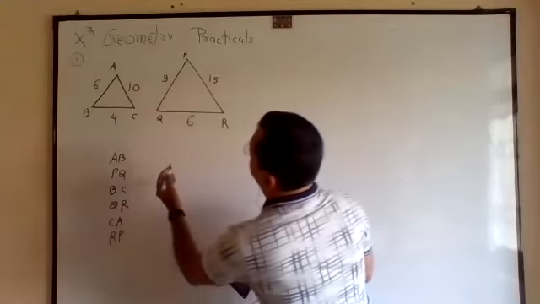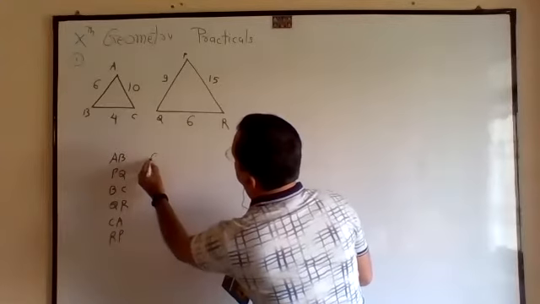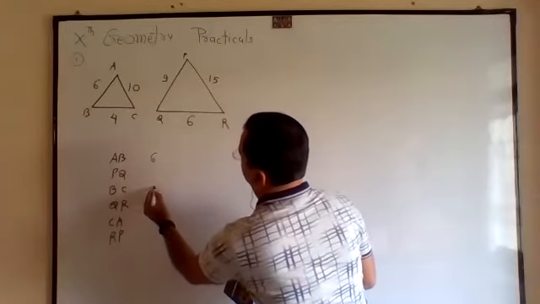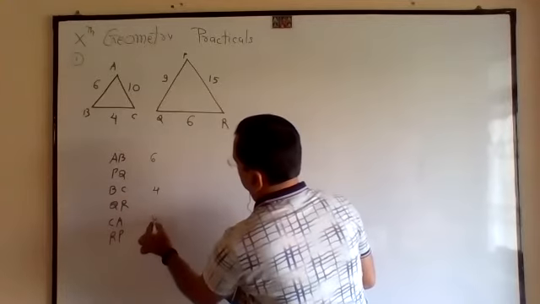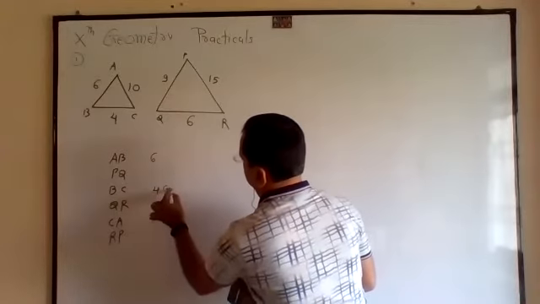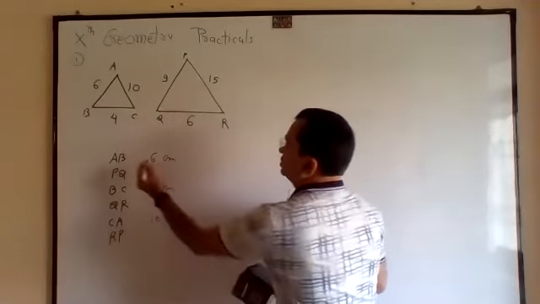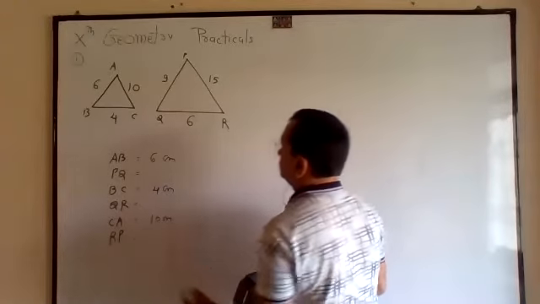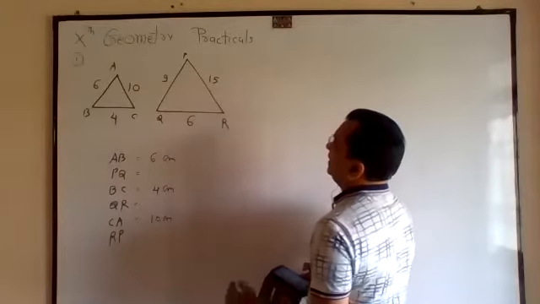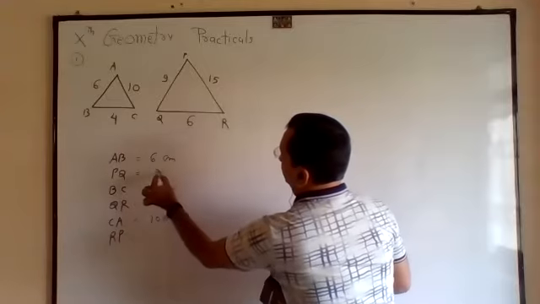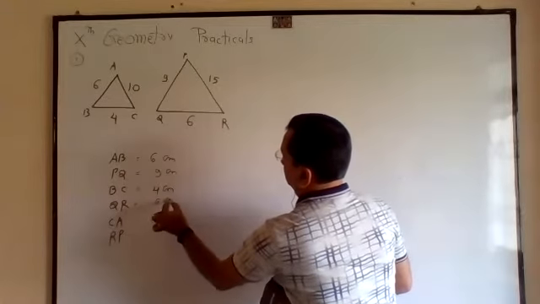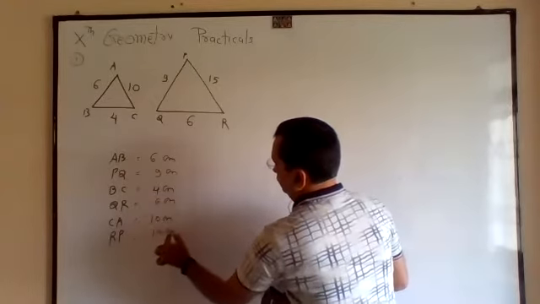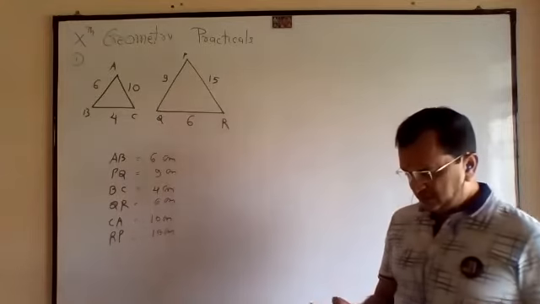That we have to write. So AB is equal to 6 centimeter, 4 centimeter, 10 centimeter. These are the paper cuttings they will provide you. And PQ, QR, RP are 9 centimeter, 6 centimeter, 15 centimeter.